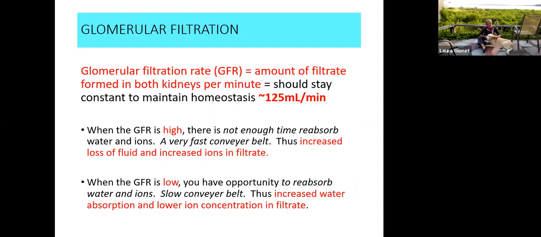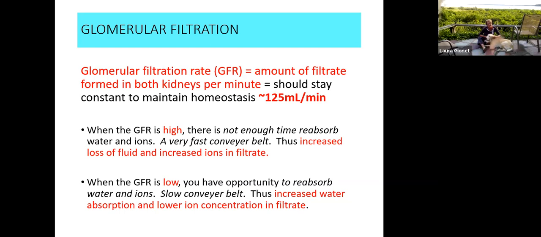All right, so the juxtaglomerular apparatus helps regulate what's called glomerular filtration rate. Glomerular filtration rate is the amount of filtrate formed in both kidneys per minute. And it should stay at about a constant homeostatic rate of about 125 milliliters per minute. All right, that's the goal.